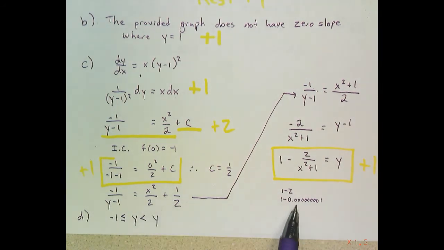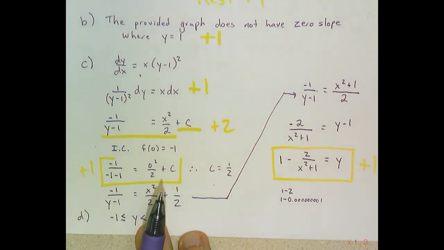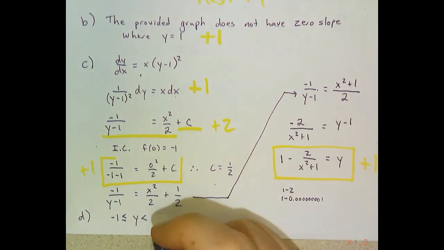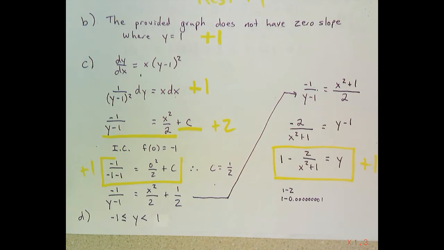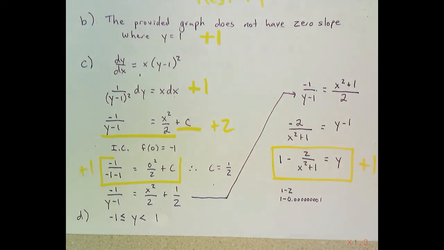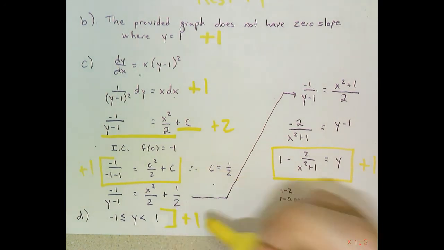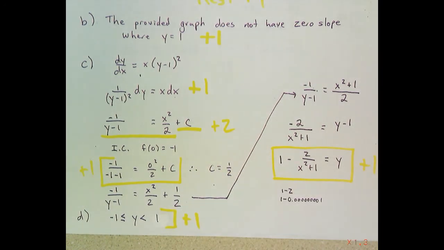But since it never gets to 0, that value is 1. I struggle to find a better way to put this into words, but hopefully you're able to follow what I'm saying there. It's the last of the 9 points. So if you correctly found the range, you get your 9th point. All right, thanks for watching.